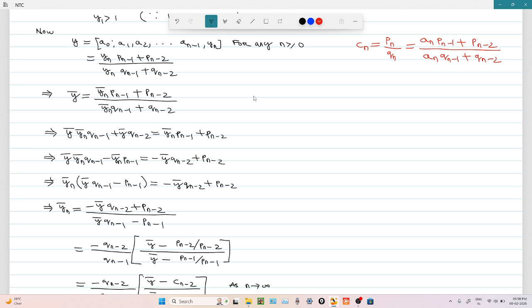In this way we write y equals yn p n minus 1 plus p n minus 2 divided by yn q n minus 1 plus q n minus 2.